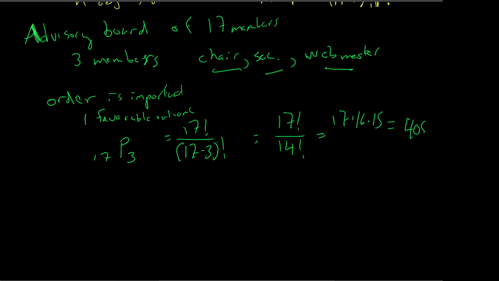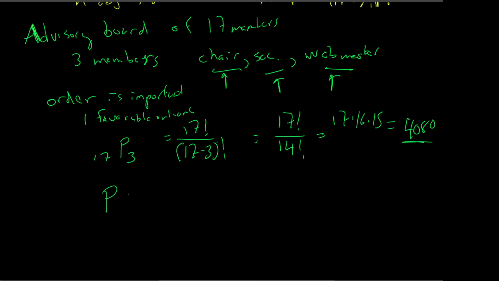So there's 4,080 ways these 3 positions could be filled. But right now, these positions are filled one particular way. Order is important. And so if I randomly grab the three people, there's only one way these 3 things are filled out of the 4,080.